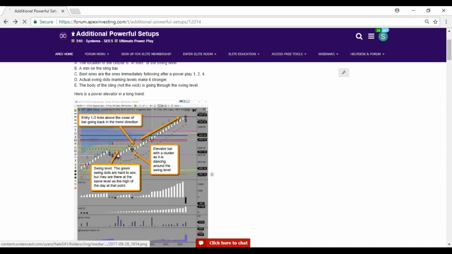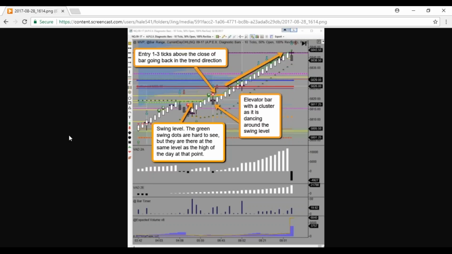Okay, so right here, like on the top chart. All right, so when it's breaking this level here, the swing level is at the cluster. Okay, you see that? It's at the cluster level.